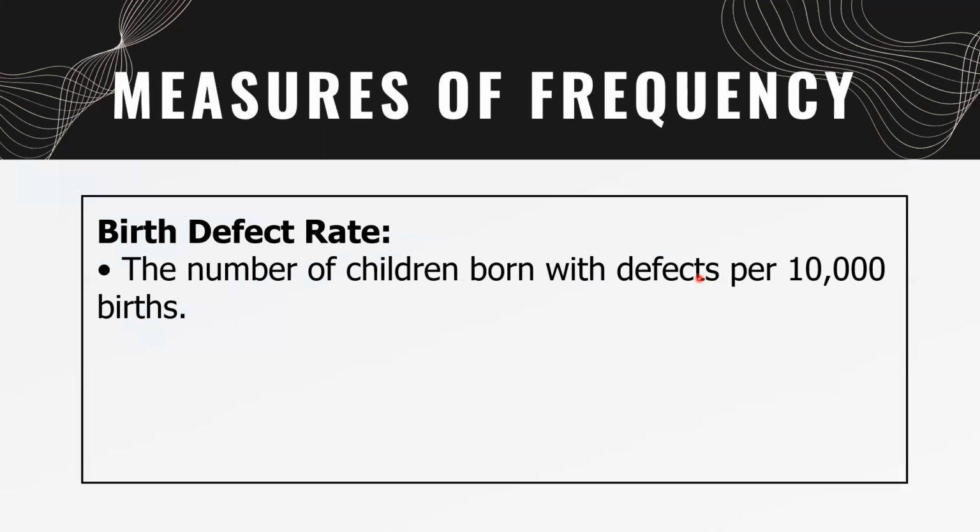So calculating disease occurrence requires considering the number of cases, population size, and observation duration. So this is also important that we standardize, no? Yung parang kanina, we standardize our data in order to ensure accurate comparisons between populations of varying sizes and even follow-up periods.